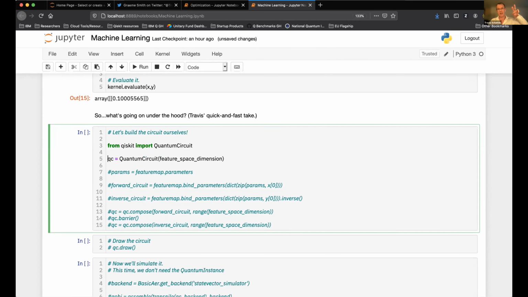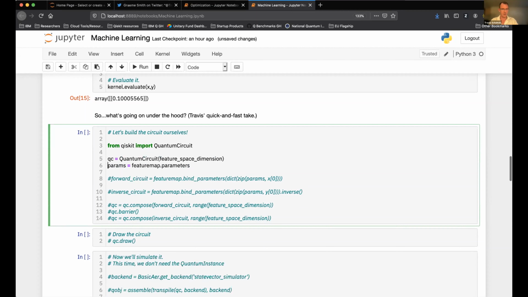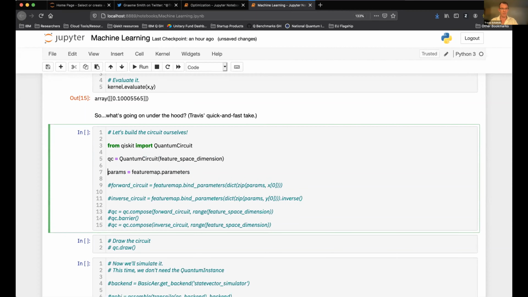Our quantum circuit is going to act on 3 qubits because our feature space has 3 dimensions, and our feature map is using 1 qubit per feature. I need the parameters of the feature map, because I'm going to take my parameterized circuit and replace the parameter values with actual numerical values, and we call that binding the parameters to the circuit.